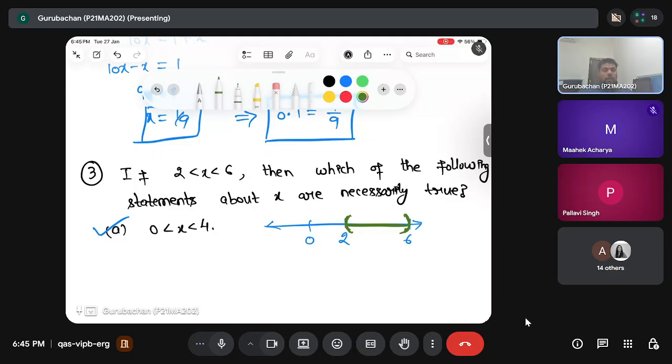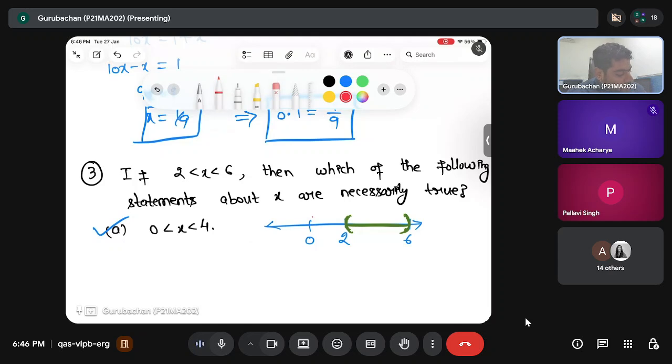But in option A, what we have given is all those x that lie between 0 and 4. In this scenario, I'm drawing it with this red one.